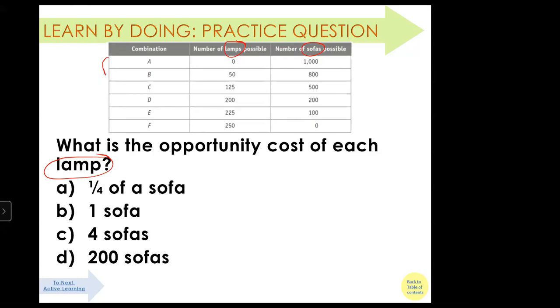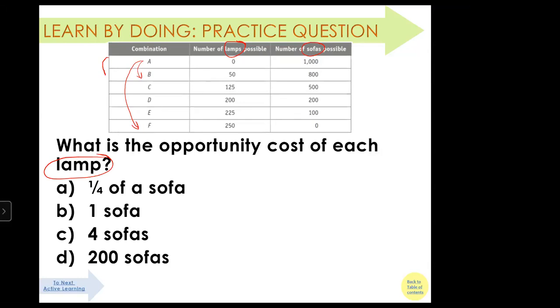Okay, and so you can look at from A to B, or if you like, you can look at A to F, or any combination. As you're going to see, once you've done the calculation, the answer is going to be the same, largely because we have a straight line in terms of a PPF.